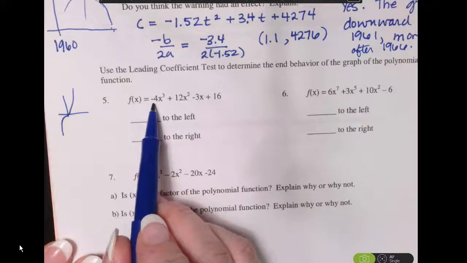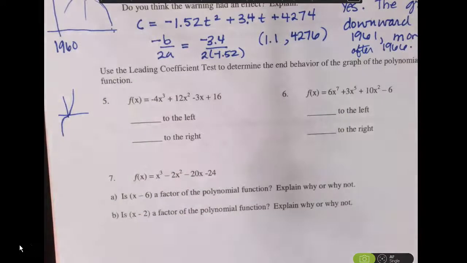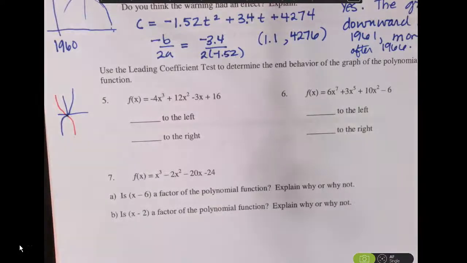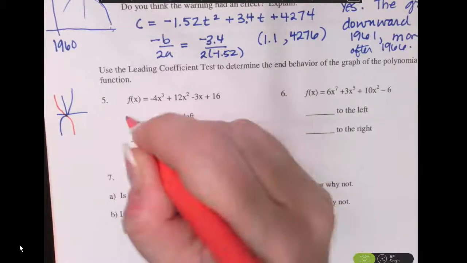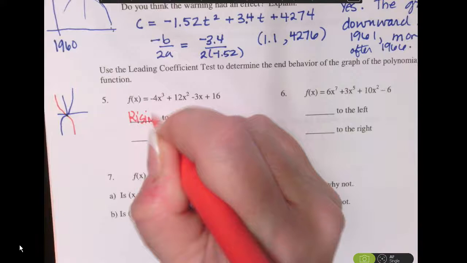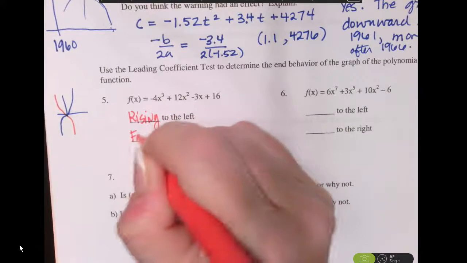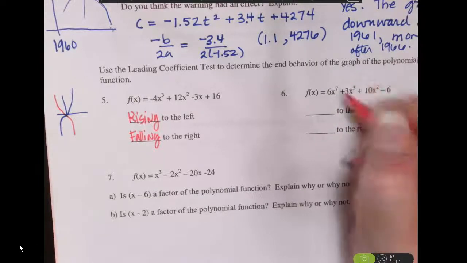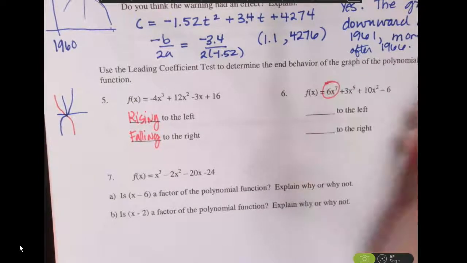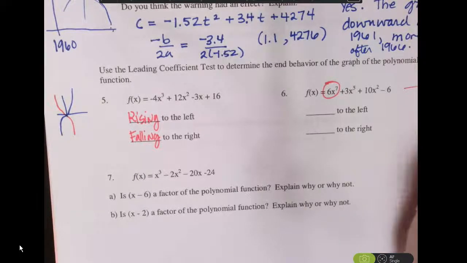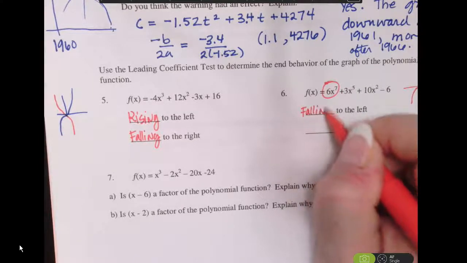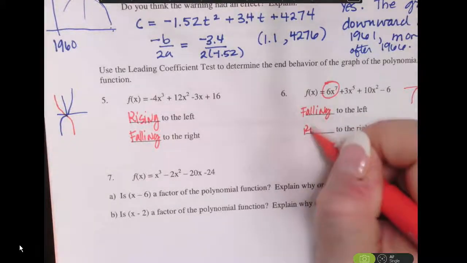It has a negative leading coefficient, so I know that that function has the opposite end behavior of the parent. So to the left it's rising and it's falling to the right. So here we have a 7th, which is also odd, but it's a positive leading coefficient. So it's going to follow the same end behavior as the parent, falling to the left, rising to the right.